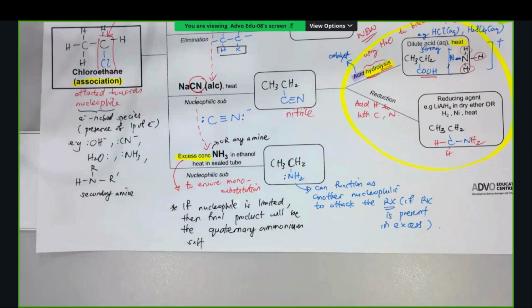You do not want this product to continue to react with any excess halogenoalkane. So we want to keep halogenoalkane as the limiting reagent, so the nucleophile must be in excess. I think this is good for you to take down.